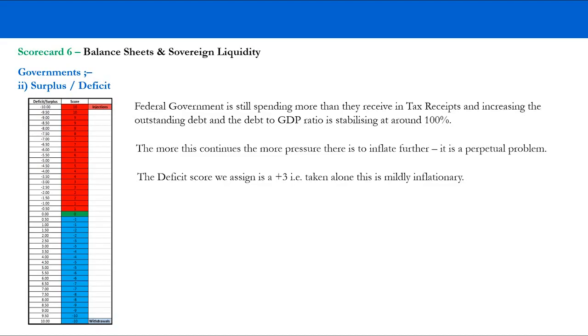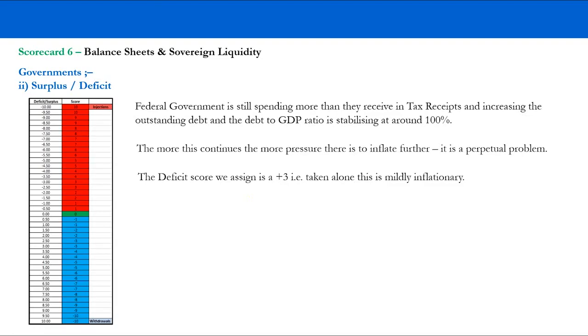On our scorecard, the deficit score we assign with the minus 2.7% is around a score of 3. So if we take this alone, this is mildly inflationary. But taken together, you can obviously begin to appreciate now how we're overall scorecarding things in the endogenous analysis. Because if you look at outstanding debt and assign a scale of -10 to +10, and you take surplus and deficit and assign a scale of -10 to +10, the overall scale can come in at -20 to +20, and taken together, we're adding 10 plus 3.